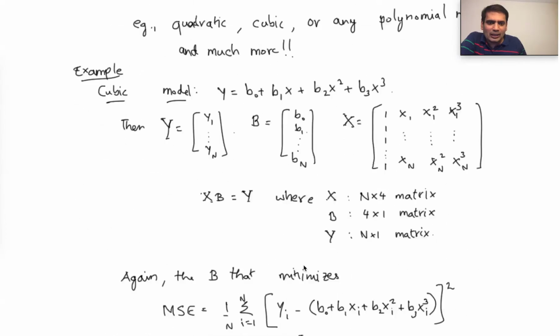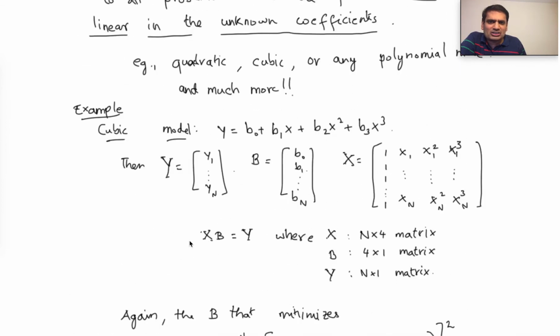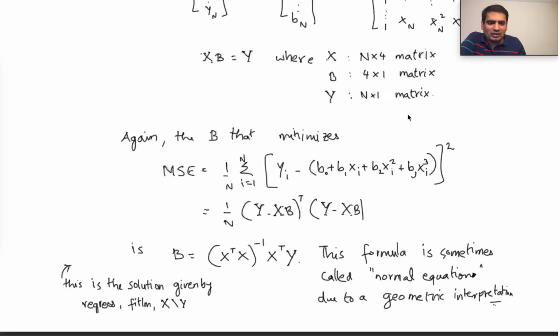Okay, and I just wanted to briefly note that, of course, all this works if you have more inputs and so on, as we've seen before. And this equation, this formula, is also sometimes called normal equations due to a particular geometric interpretation of this linear regression process.